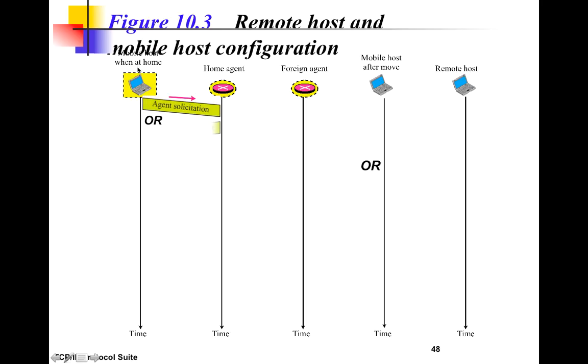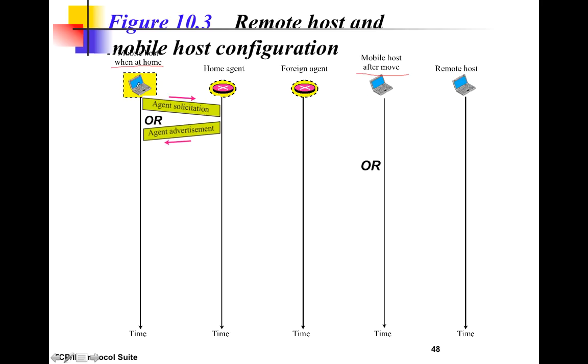So this is the mobile host when it is at home. This is the home agent, foreign agent. This is when the mobile host is after moving to the foreign agent, and this is the remote host it is communicating with.